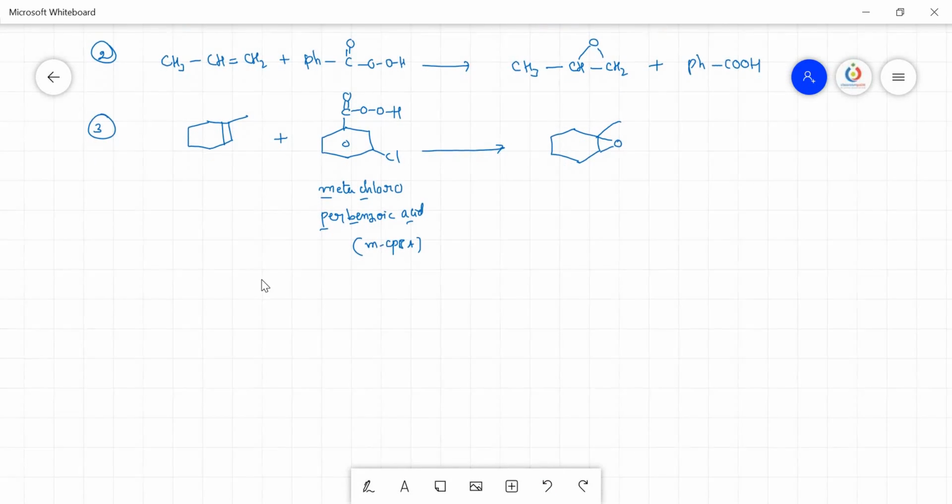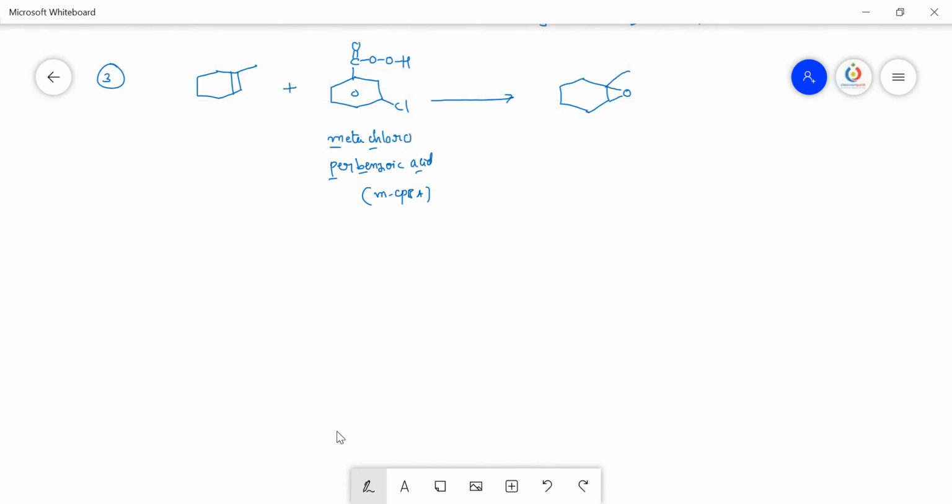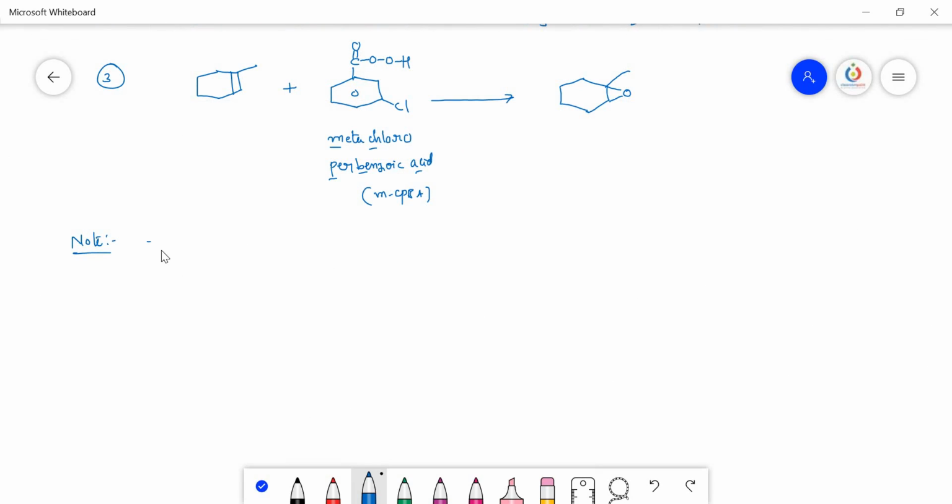Now, let us take a cis molecule, and you must remember that yesterday we said epoxidation is always a syn addition. It means oxygen will add to the alkene molecule from the same side, only one side.